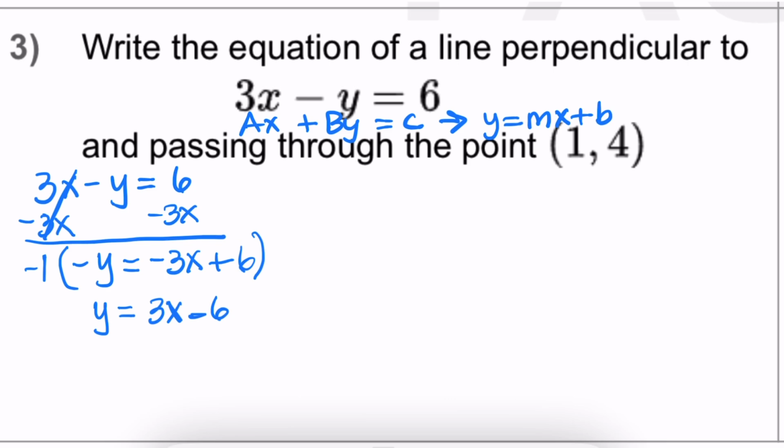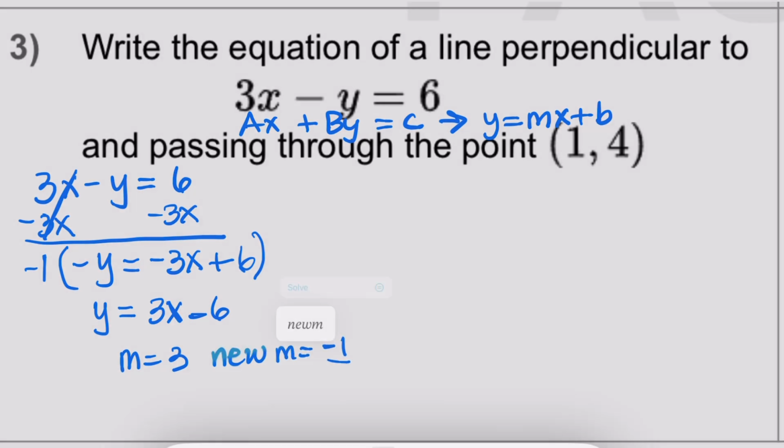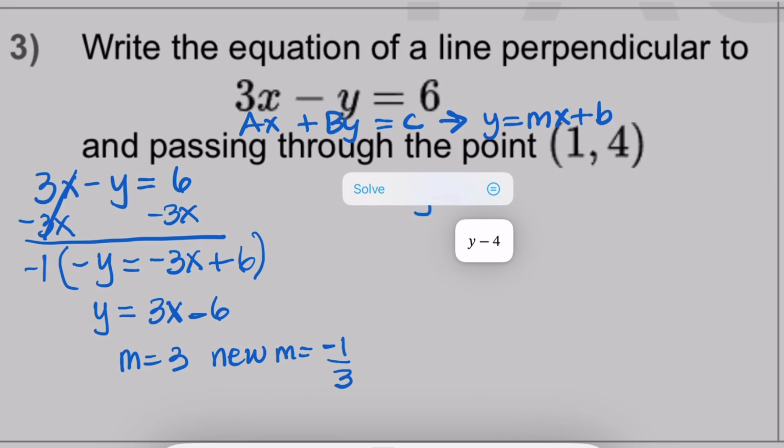Okay, so now my current slope is 3, but my new slope is negative 1/3. So let's use the new slope and the point 1, 4 to write our new equation that is perpendicular to the given line.